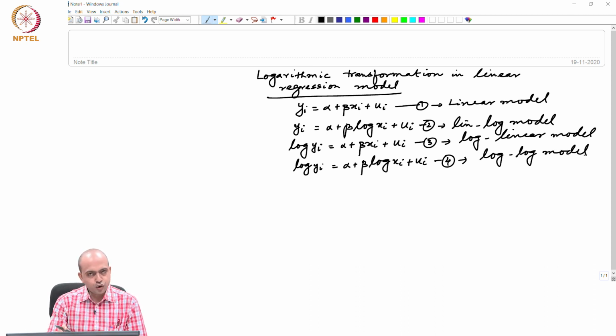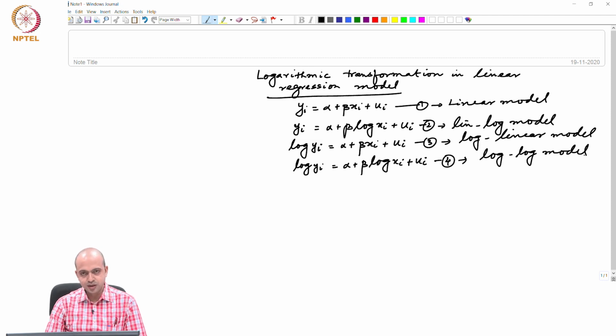Now, depending on which particular functional form you assume for your regression model, the interpretation of beta will change. The objective of today's lecture is to make you understand two things. First, why do you require this logarithmic transformation?